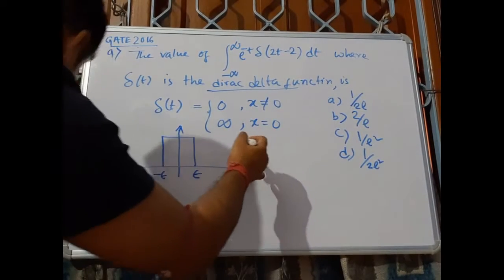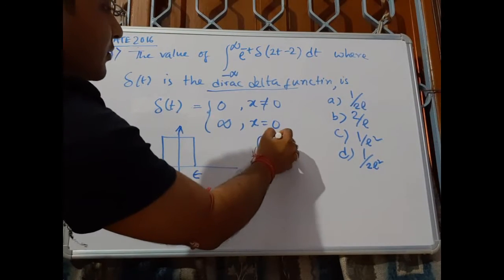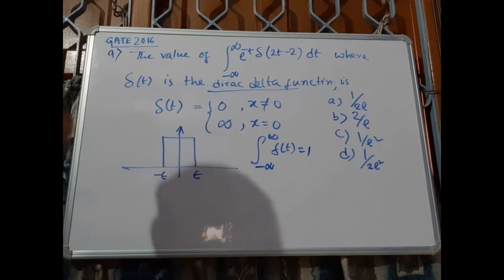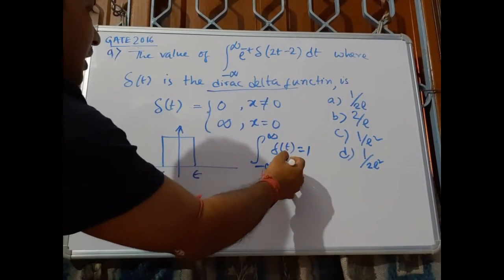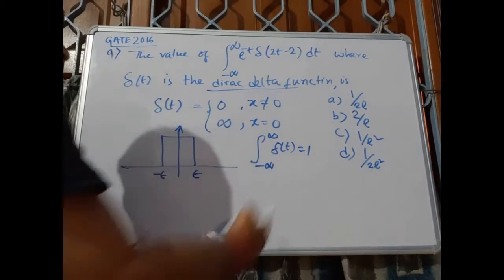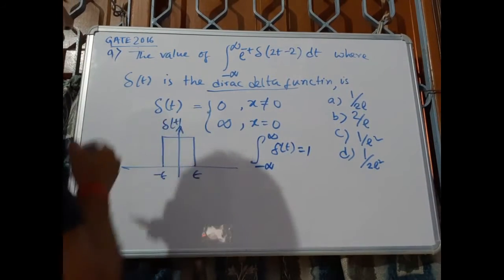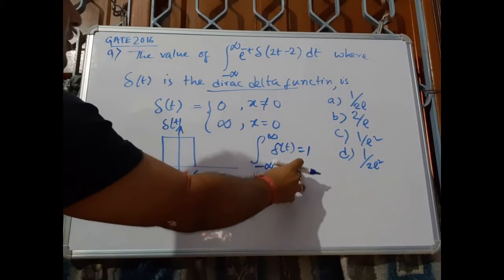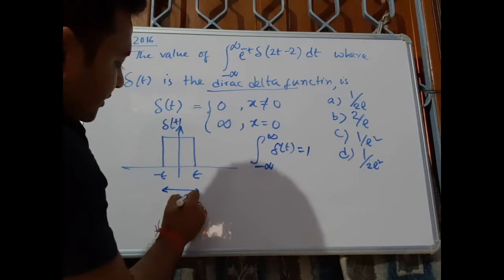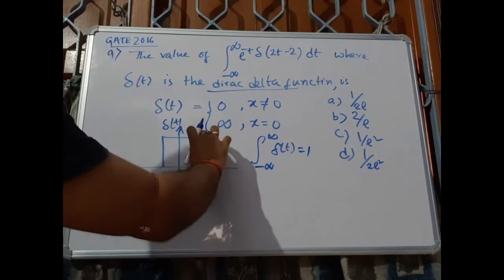And one thing you need to know for the Dirac delta function: the integration from minus infinity to infinity of delta t must be equal to 1. This means that the area enclosed by the Dirac delta function delta t must be 1. So the width is twice epsilon, from minus epsilon to epsilon.